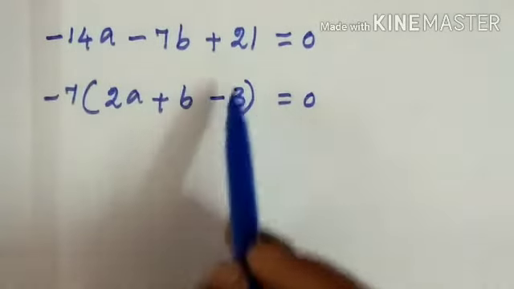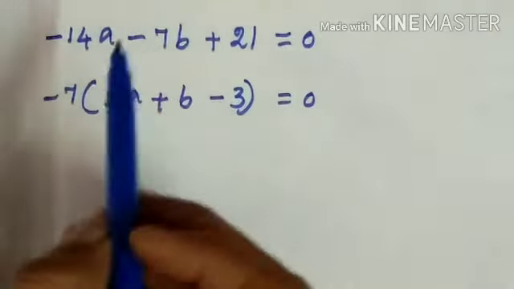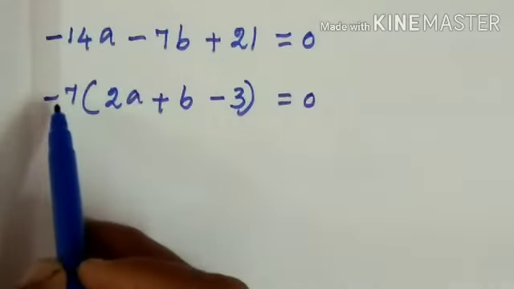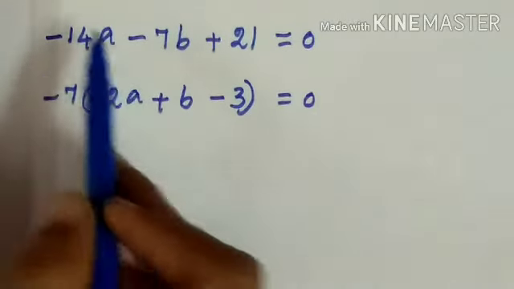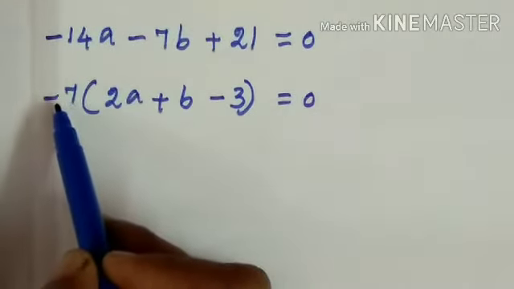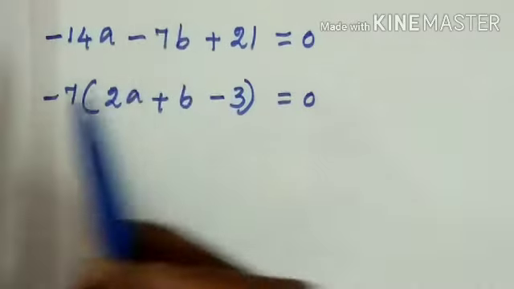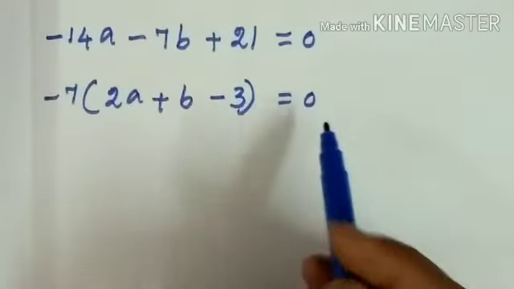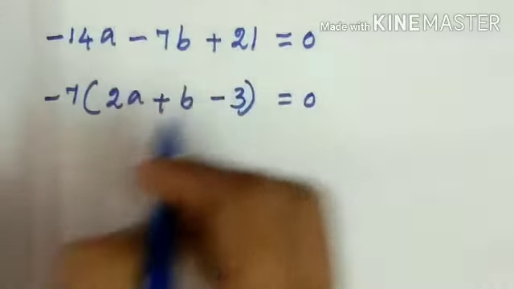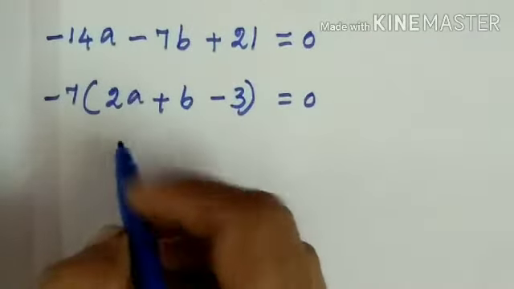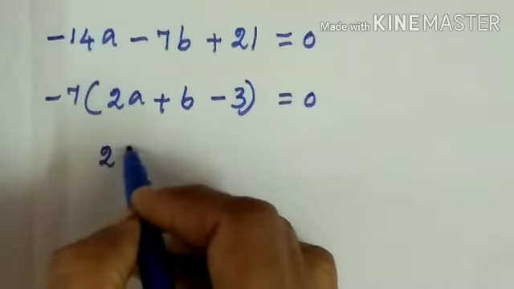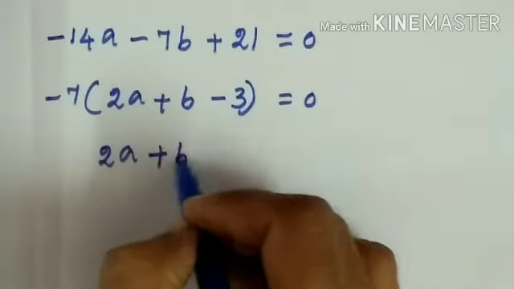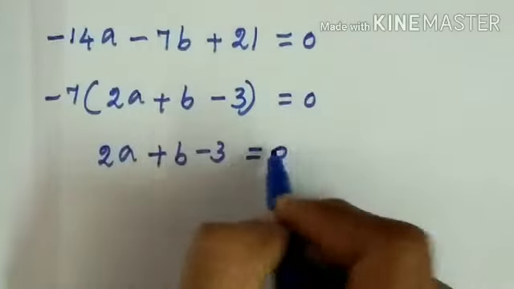Now you multiply and check whether you get the previous steps. Minus 7 into 2, minus 14a, minus 7 into b, minus 7b, minus 7 into minus 3 plus 21 equal to 0. Now 2a plus b minus 3 equal to 0.